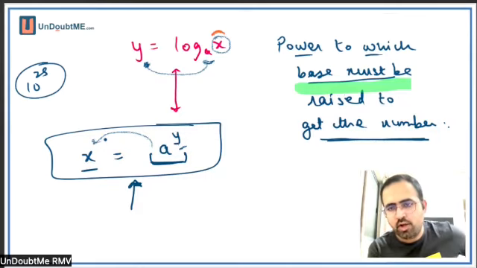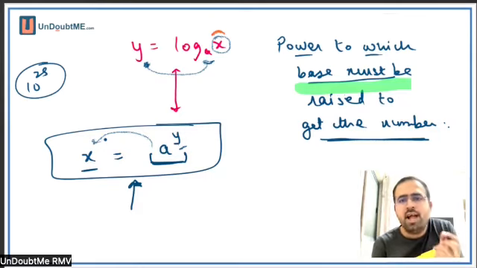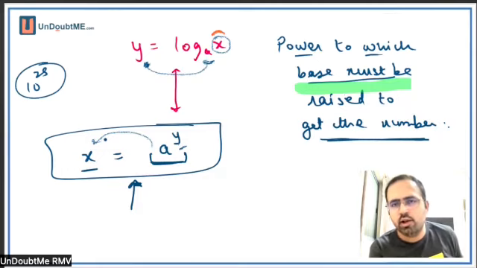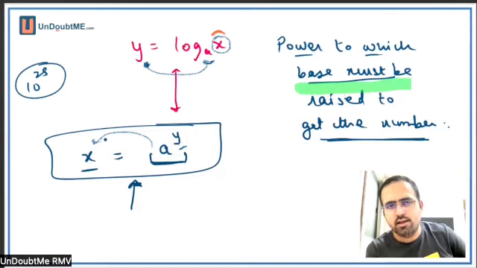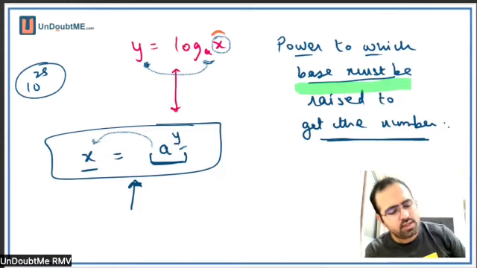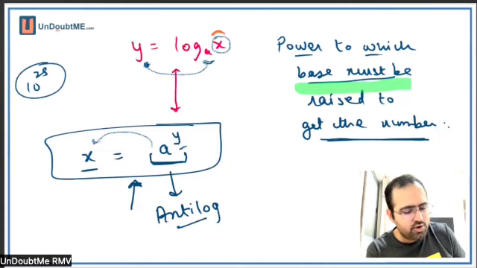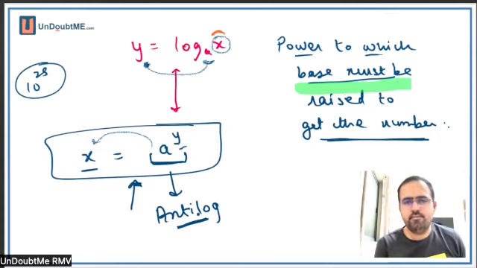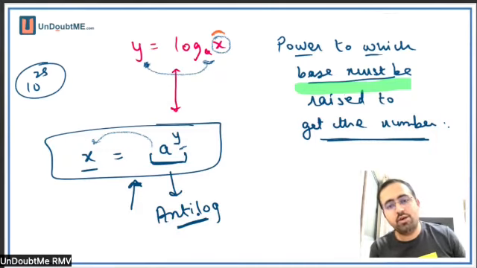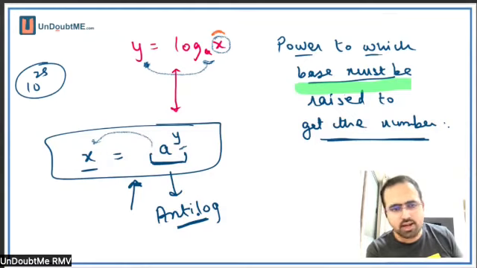When I use the words get back the number, I'm getting something back from where I started. From the statements only you can make that out. That is why this process is called anti-logarithm. Indirectly, I have taught you what anti-logarithm is also. x is equal to a to the power y is called anti-logarithm.